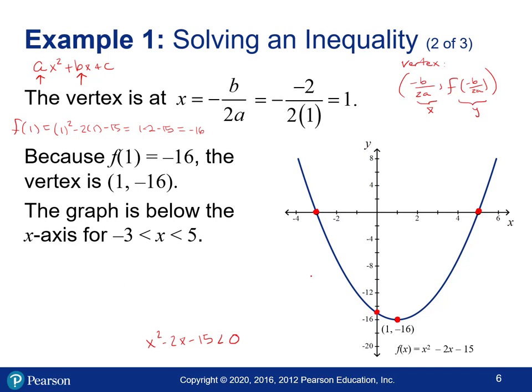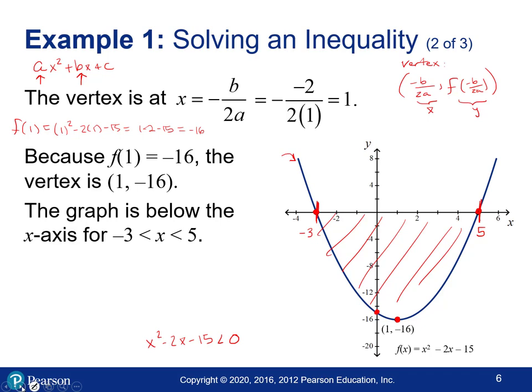And so it's less than 0, because that's our function, that's our parabola. It's less than 0 anywhere underneath the x-axis. And so it's underneath the x-axis, or less than 0, between here, which is negative 3, and here, which is 5.